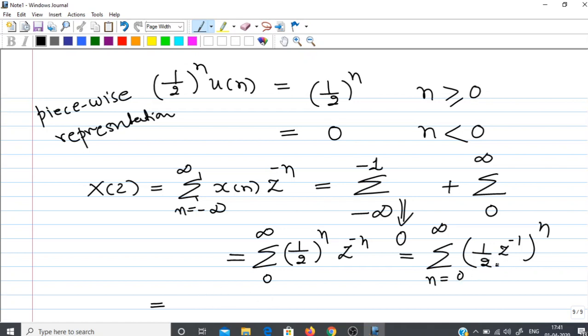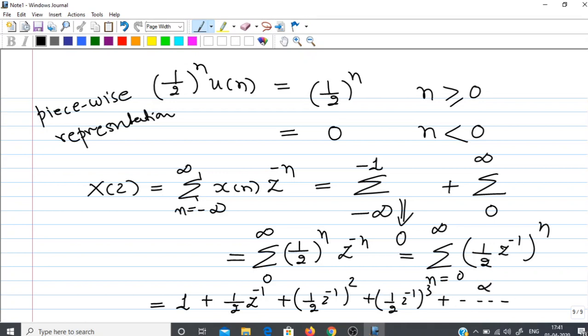So (half z inverse) to the power 0 gives me 1. Then for n equals 1, it gives me half z inverse, then half z inverse squared plus half z inverse cubed, and so on.